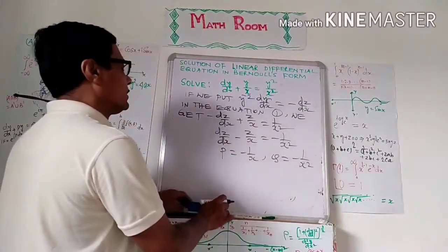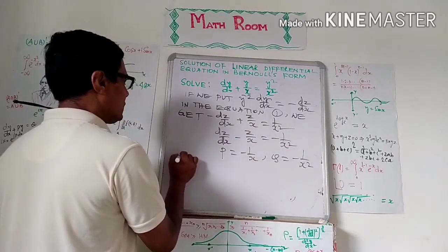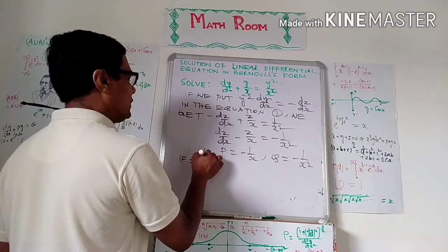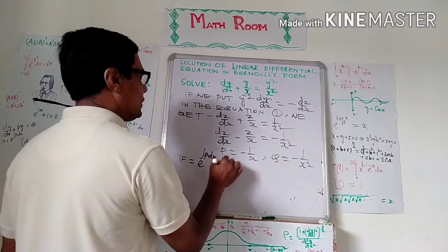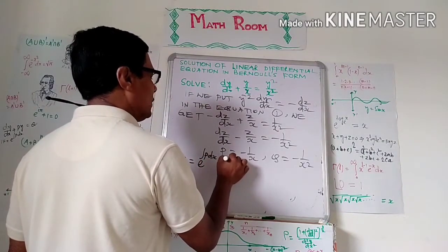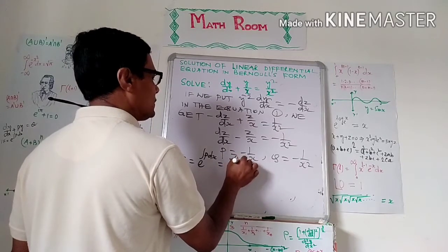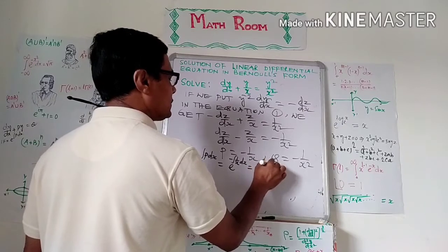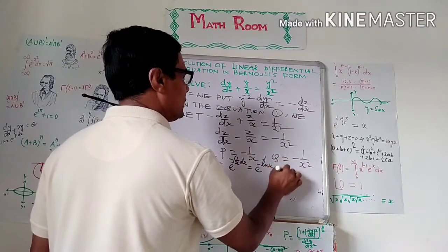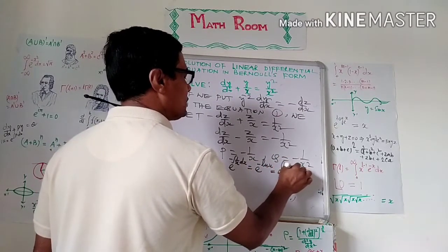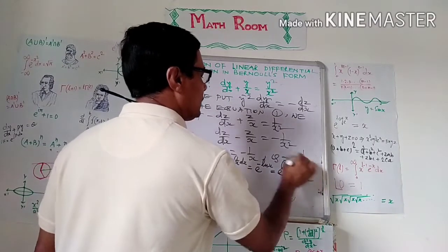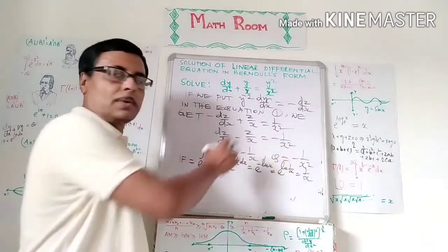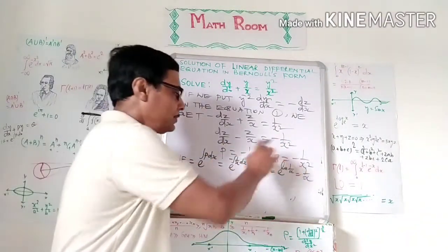Here the integrating factor is e to the power integral of p dx, equal to e to the power minus integral of 1 by x dx, that is e to the power minus log x, equal to e to the power log 1 by x, which ultimately gives 1 by x. The integrating factor of this linear differential equation is 1 by x.